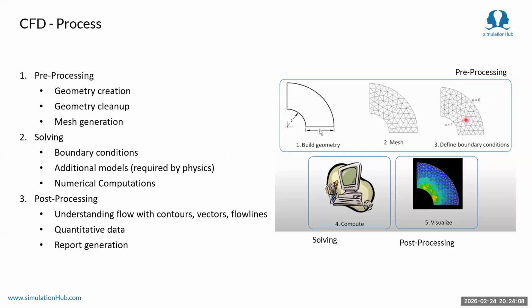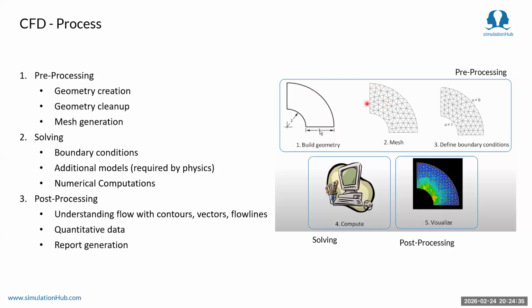Okay. So what does the process look like? We can categorize the CFD process into three major steps: pre-processing, solving and post-processing. So you're preparing your geometry or CAD model. It starts with the CAD model itself. That is the bare minimum input that is required.